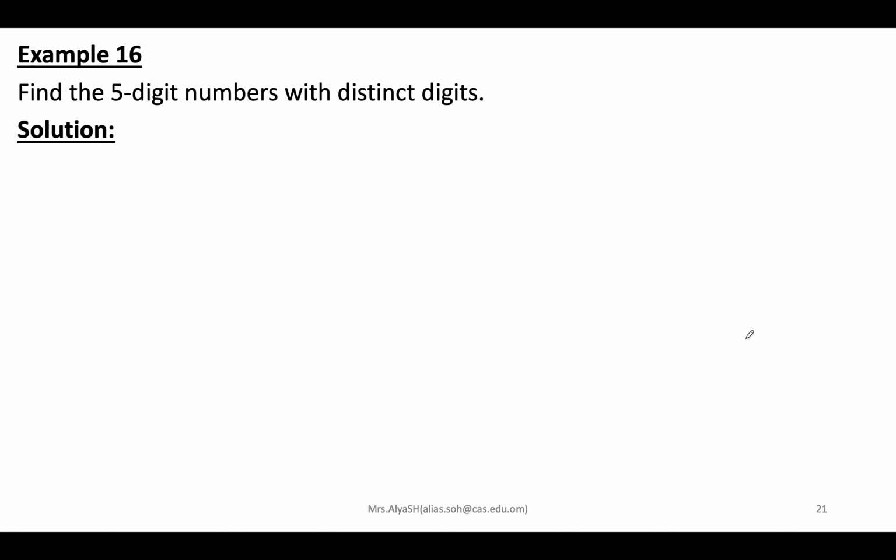Find the 5-digit numbers with distinct digits. And what do we mean by distinct digits? We mean that repetition is not allowed. So here we got a 5-digit number, so here I have 5 places. Then I need to fill those places with numbers, and they should not be similar to each other.